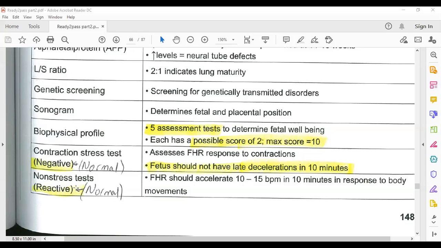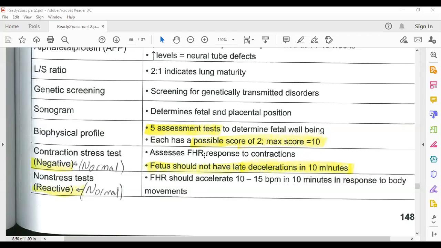And for the non-stress test, if non-reactive, it indicates abnormal findings. It means the fetal heart rate does not accelerate sufficiently with fetal movement, and further assessment is needed.